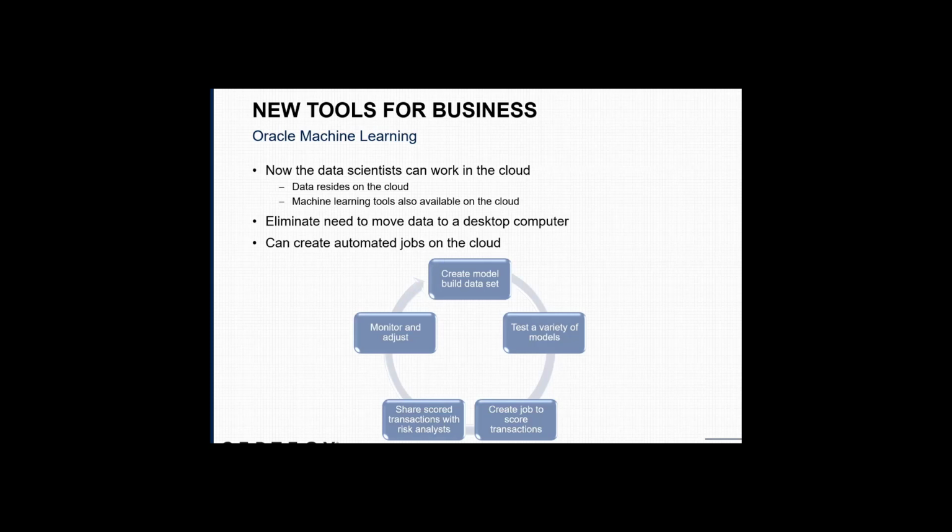And then once I have a model that I like that serves a useful purpose, I'll create a job to basically pull down transactions, score them, and then I could share those scored transactions with the risk analyst so that they could further investigate. And then I'll continue to monitor the performance of these models to determine if we need to make adjustments or build new models. Okay, let's go to the next slide.